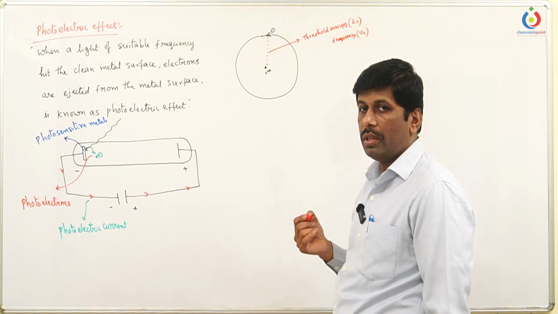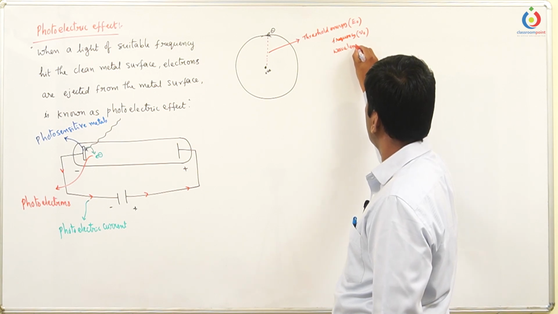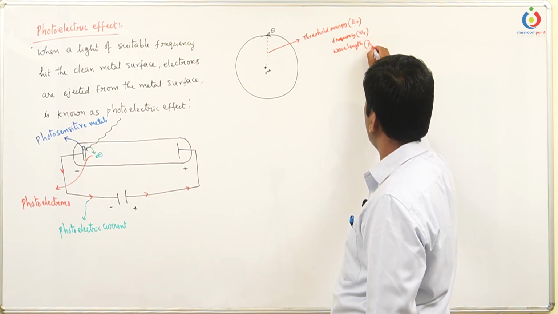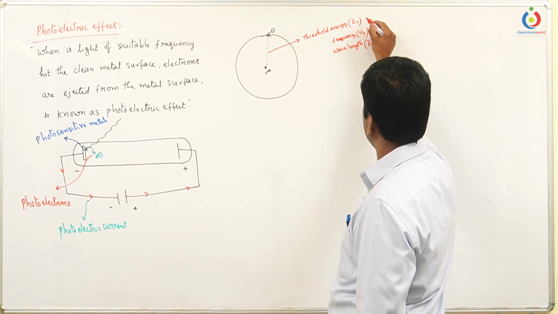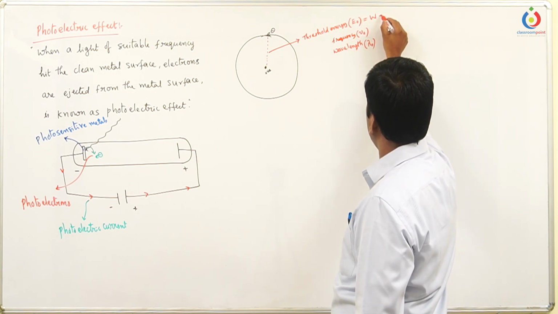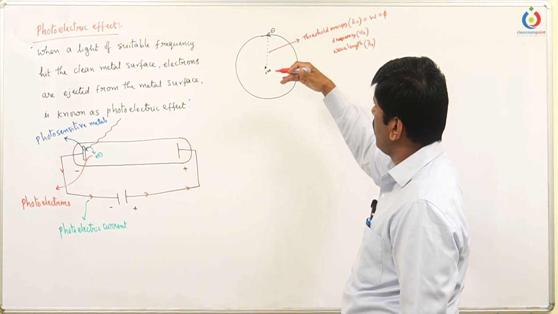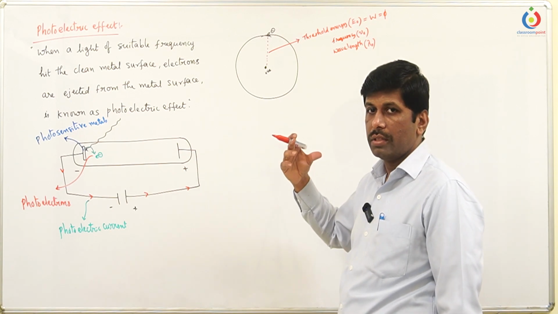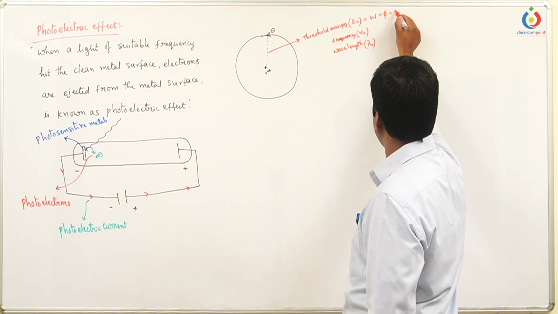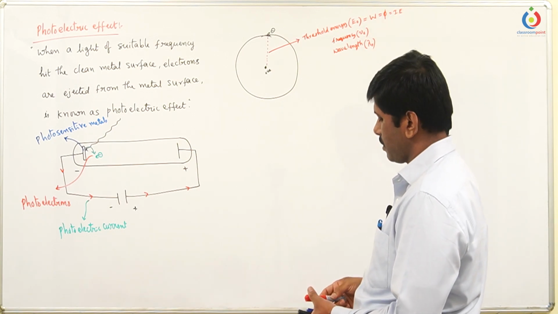In terms of wavelength, we call this one the threshold wavelength, lambda naught. This threshold energy is also known as the work function, also represented by another symbol phi. Since the electron is being removed from the atom, it gets ionized. That's why this is also known as the ionization energy. So all these terms can be used in this case.